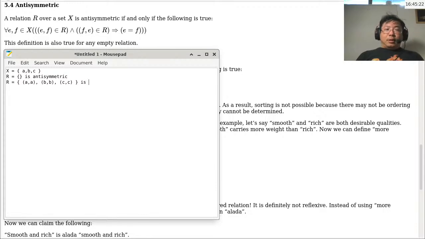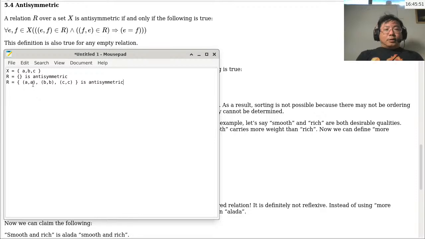The question now is, is it also antisymmetric? In other words, given any two elements of X, (E,F) in R and (F,E) in R implies E and F are the same. And it is correct. Okay, it is indeed antisymmetric.